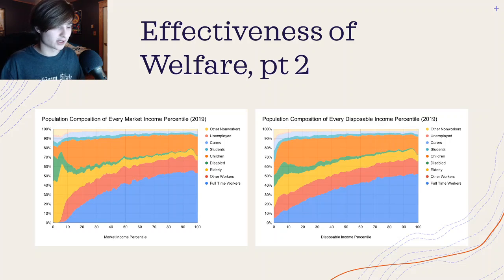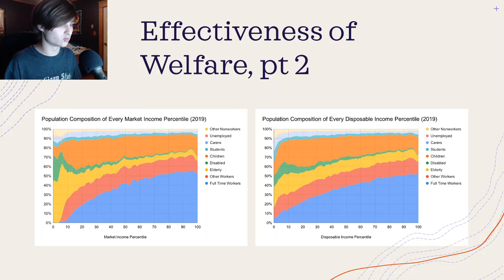However, after we take into account welfare, things like Social Security going to old people, the elderly make up about 10% or 15% of the bottom income percentile. Similarly, disabled people, I think that's like 30%, make up 30% of the bottom market income percentile, but only about 10% of the bottom disposable income percentile.